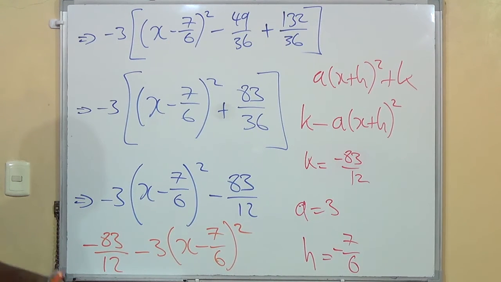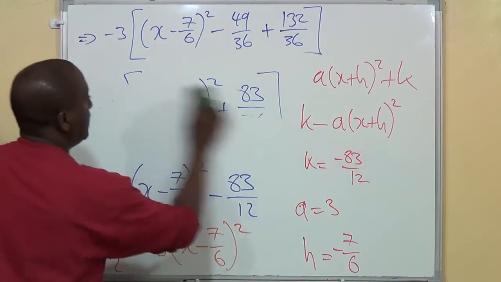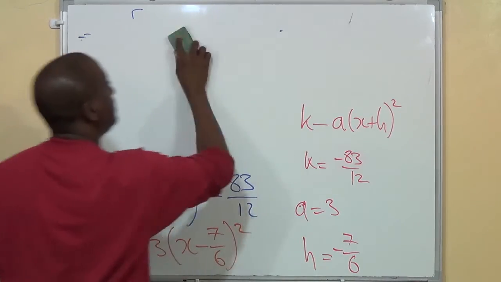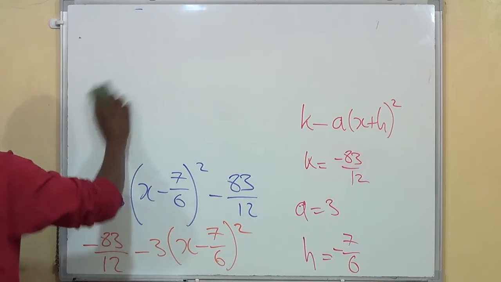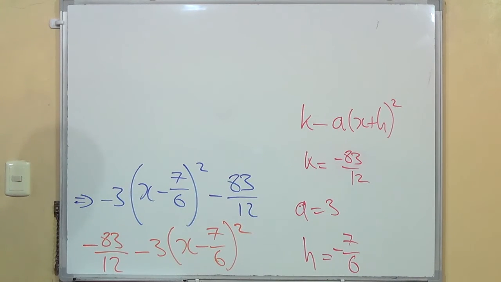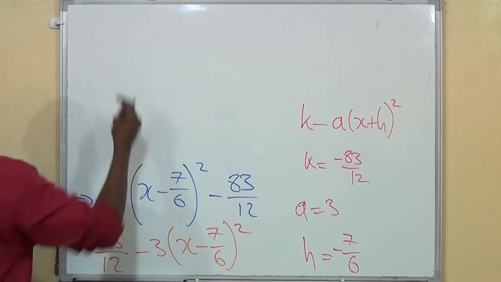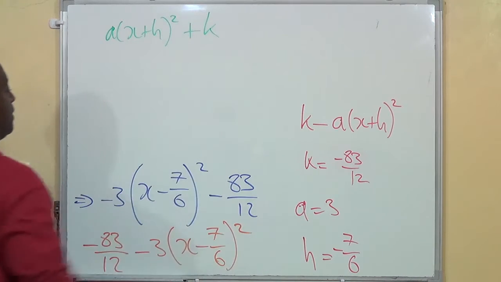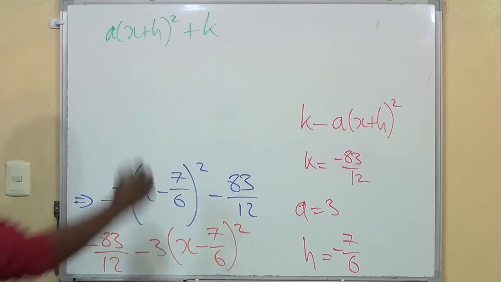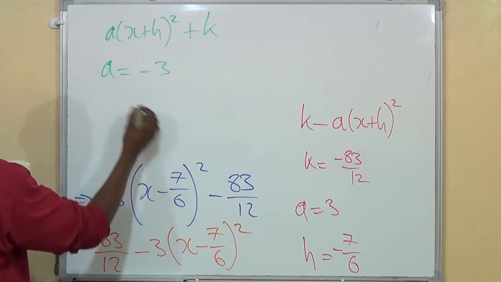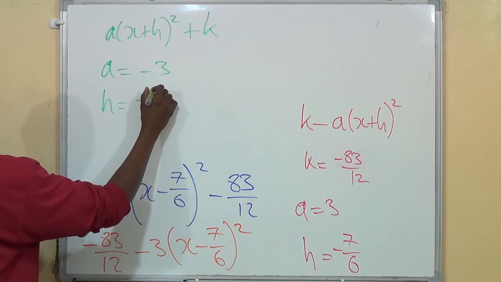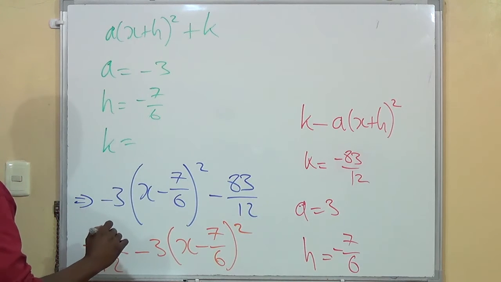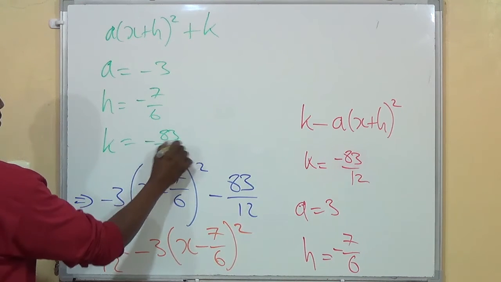Now, if they adopt the usual format, and instead of asking for k minus a into (x plus h) squared, they ask instead for the regular, the normal, the usual, a into (x plus h) squared plus k, then in this case, your a will be minus 3, h will still be minus 7 over 6, and your k would be the same, minus 83 over 12.